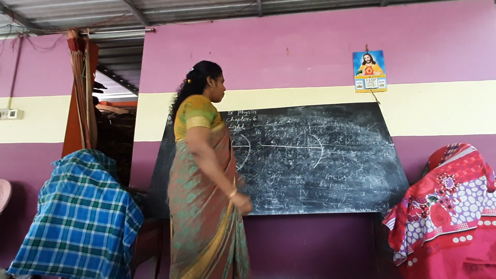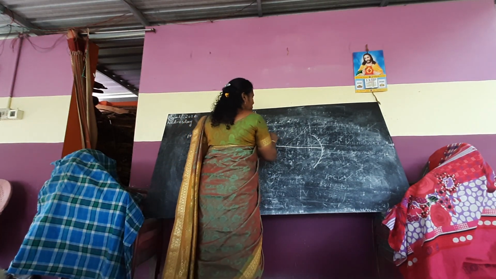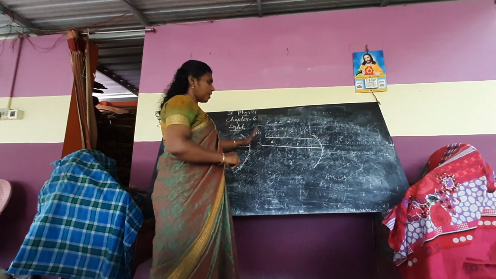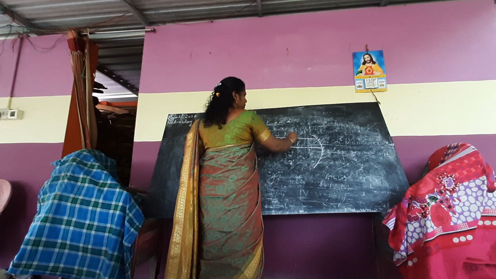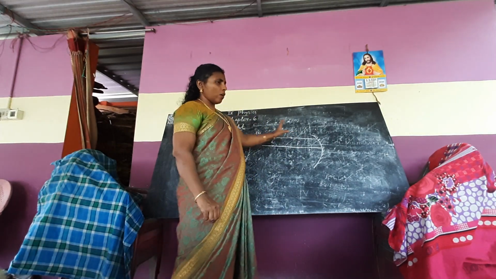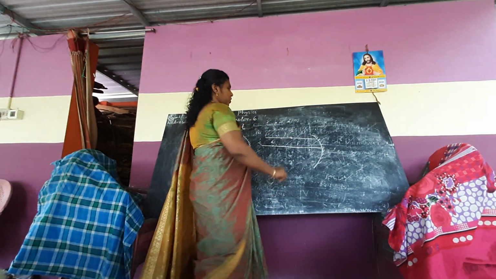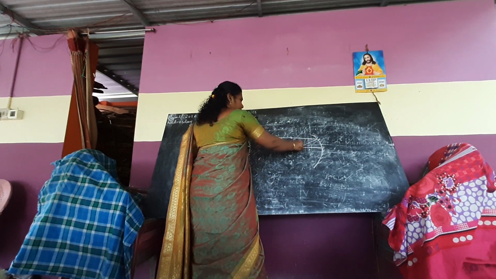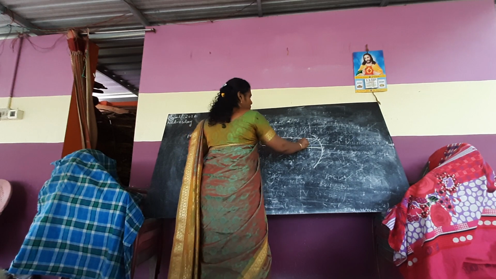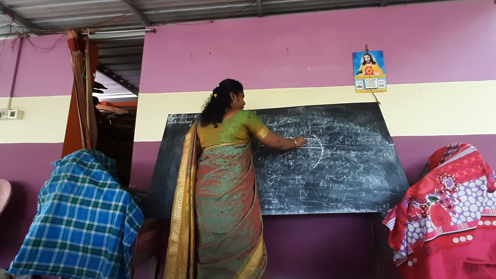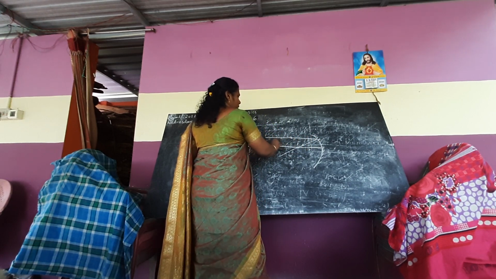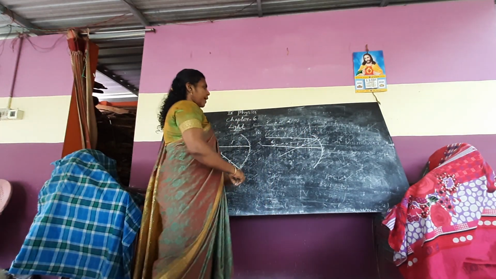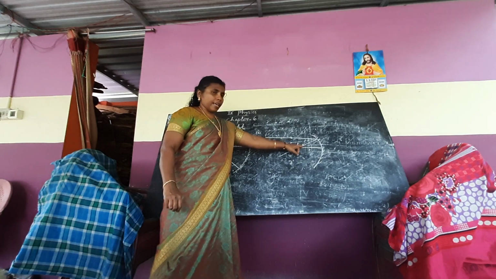Now, when an incident ray passes to the concave mirror, with the arrow mark like this, after reflection it passes through the principal focus. The normal passes through the center of curvature. See the arrow mark.